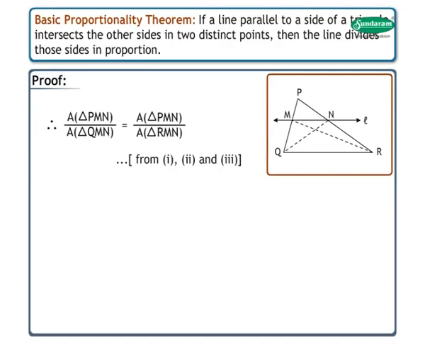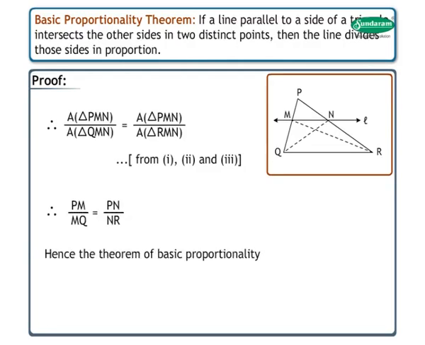If the left-hand sides of two equations are same, then their right-hand side should also be same. Therefore, PM upon MQ is equal to PN upon NR. Hence, the theorem of basic proportionality is proved.